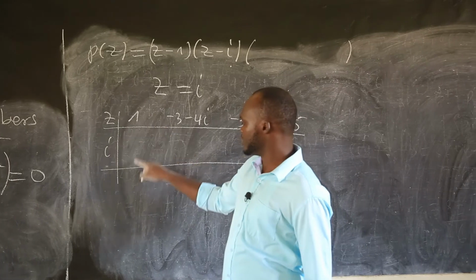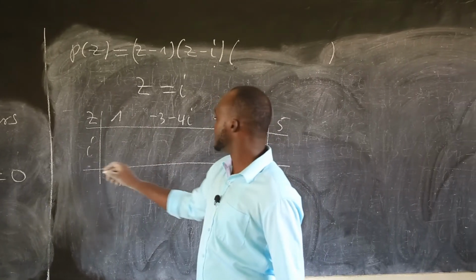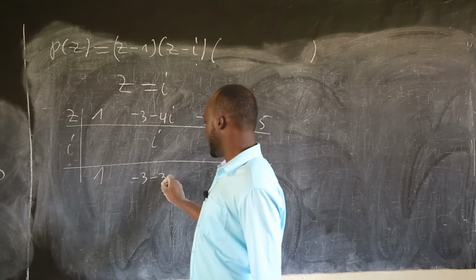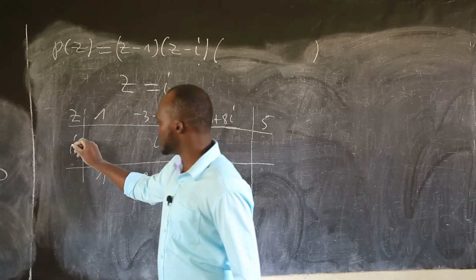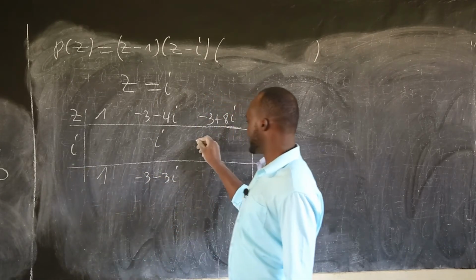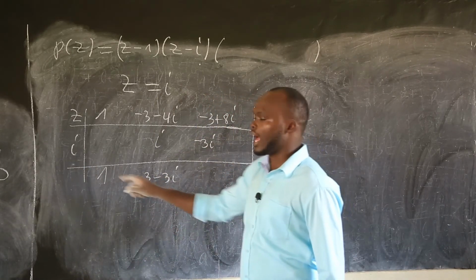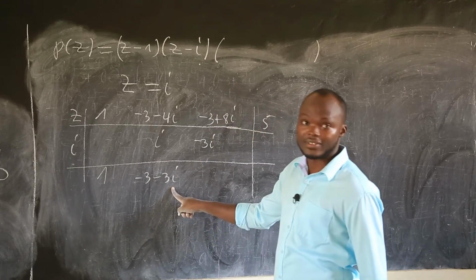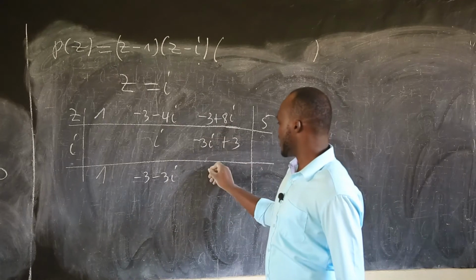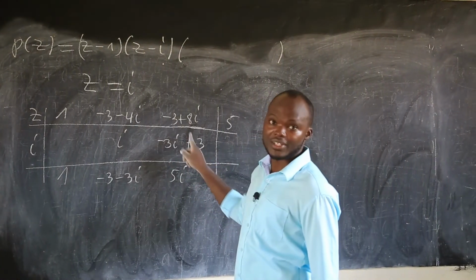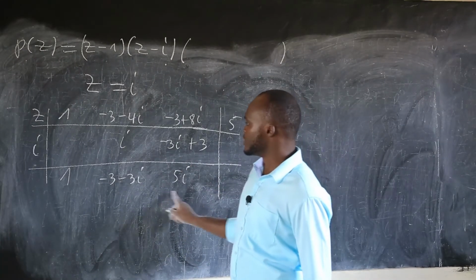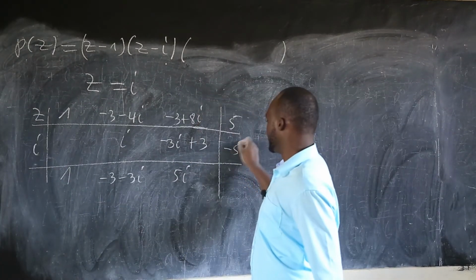I put i down here. 1 times i is i. So I add, I get negative 3 minus 3i. This one times this is negative 3i. i times negative 3i is negative 3i squared, which is positive 3. So I remain with 5i, because negative 3 plus 3 is 0, and 8i minus 3i is 5i. When I multiply, I get negative 5, which is 0.